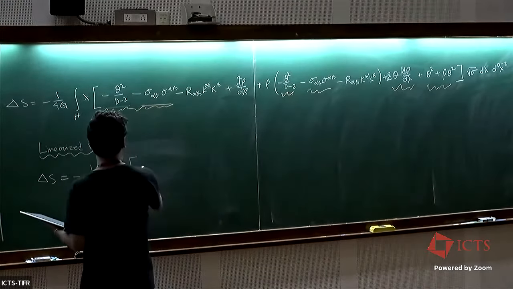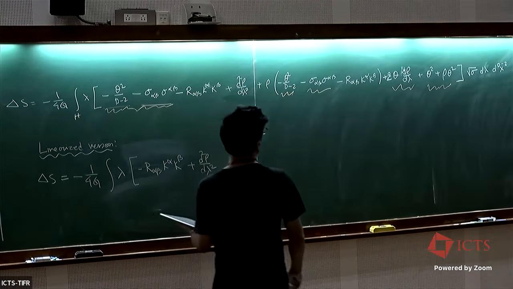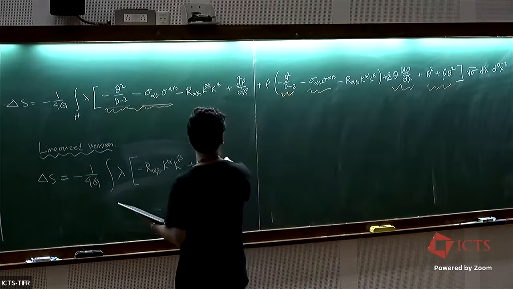Minus R alpha beta K alpha K beta. Let it be. Then I will have d2 rho d lambda 2. Then I will have minus rho R alpha beta K alpha K beta. Let it be, and that's all, d lambda d minus.